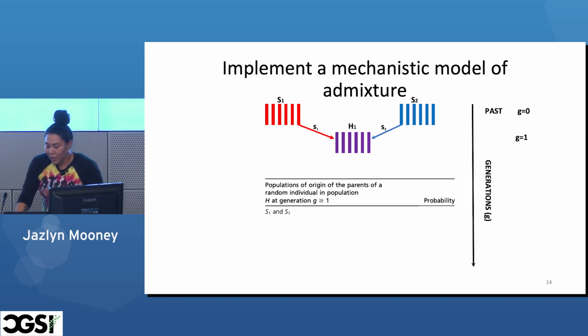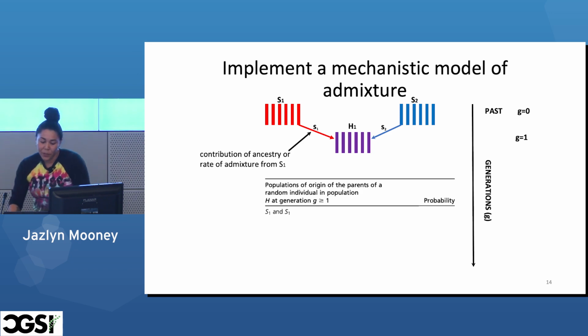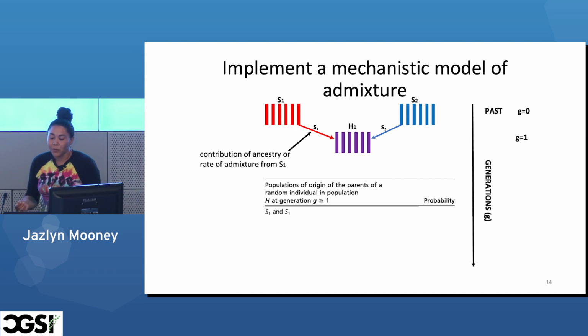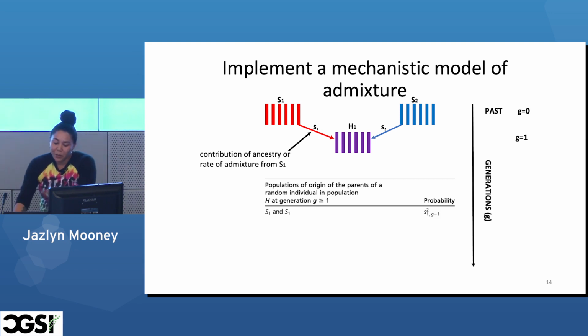And what the little s1 and little s2 are parameterizing is the contribution of ancestry, or you can think of it as the rate of admixture from a given population. So let's just say I sample an individual from the admixed population and I wanted to know, okay, what is the probability that both parents are coming from S1? Well, that's just the rate of admixture squared.